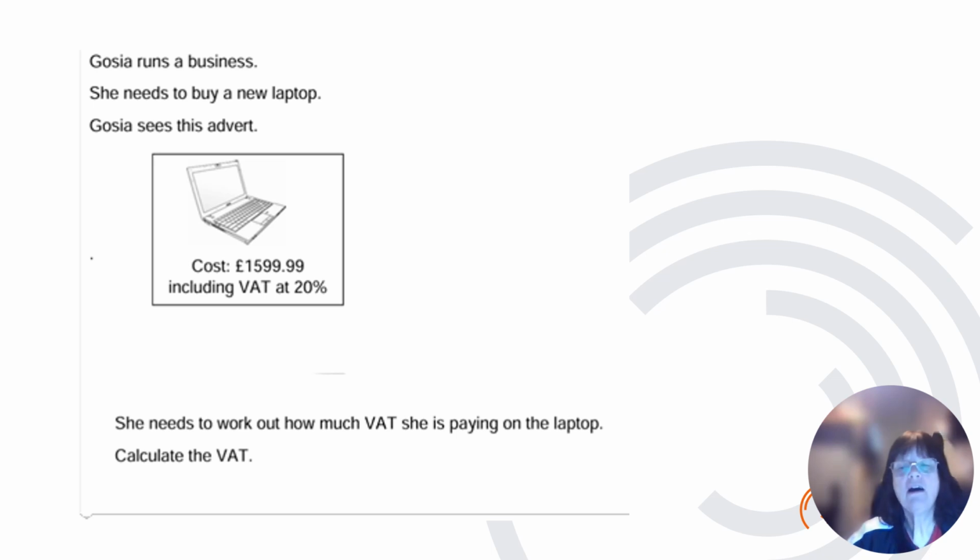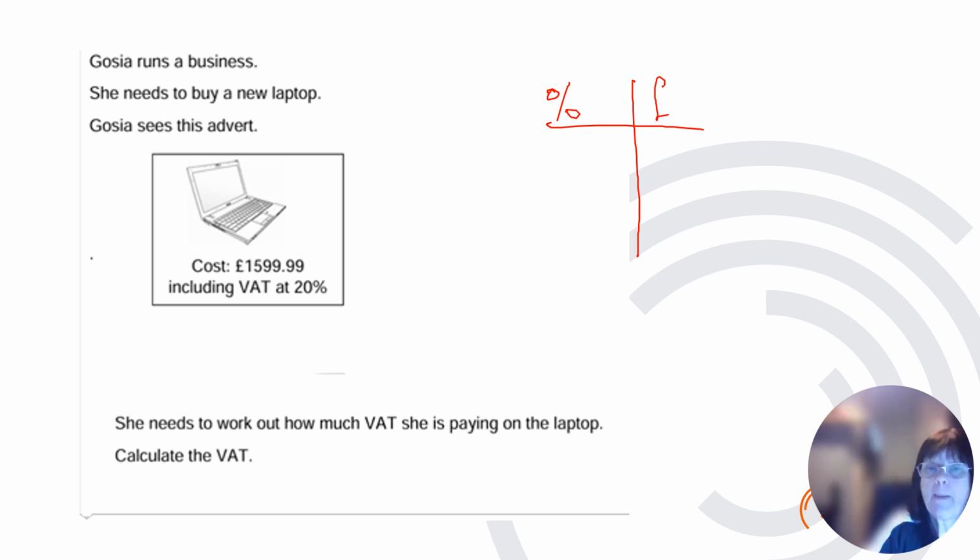Okay, so there are several ways that we could have gone about this. So let's see how we did. So what do we know? Okay, so everything is about what do we know. So percentage, pounds. Well, we know that 120%, which is with the VAT, is £1,599.99.